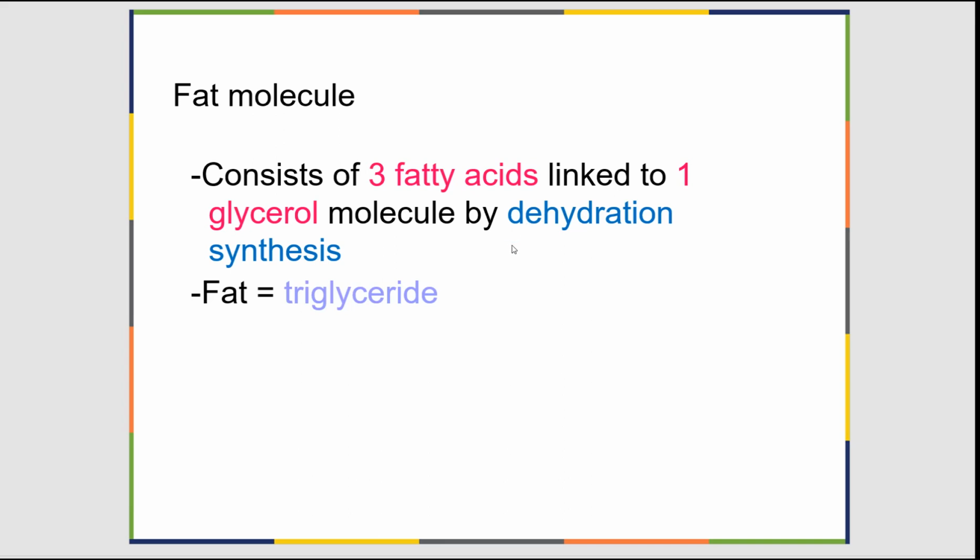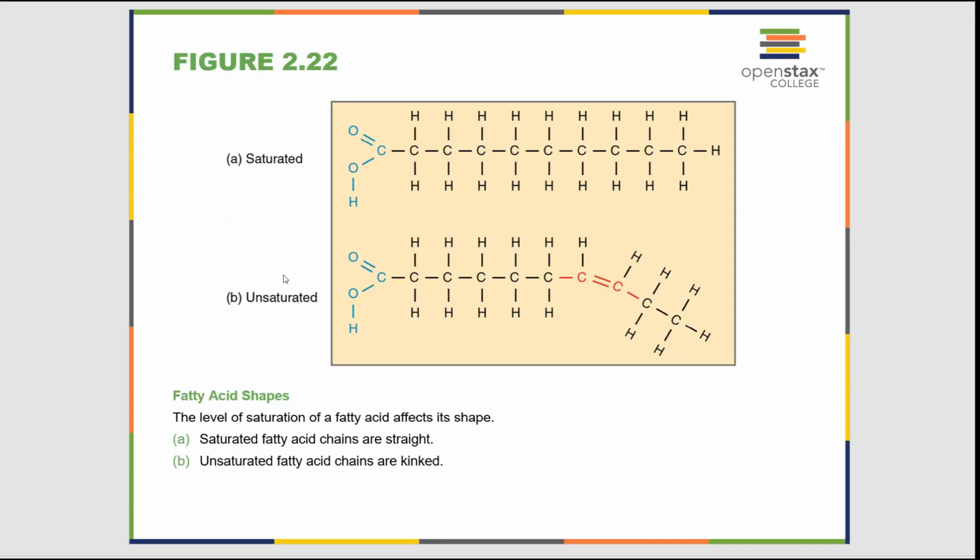Okay, so we have 2 different types of fatty acids. We have got saturated and unsaturated fatty acids. So again, we've got our glycerol head up here and our fatty acid tail.